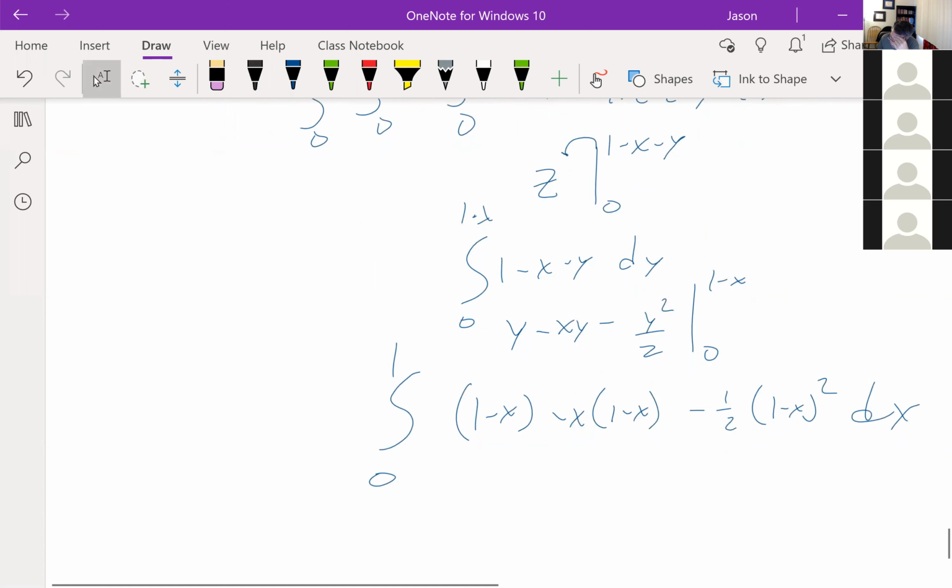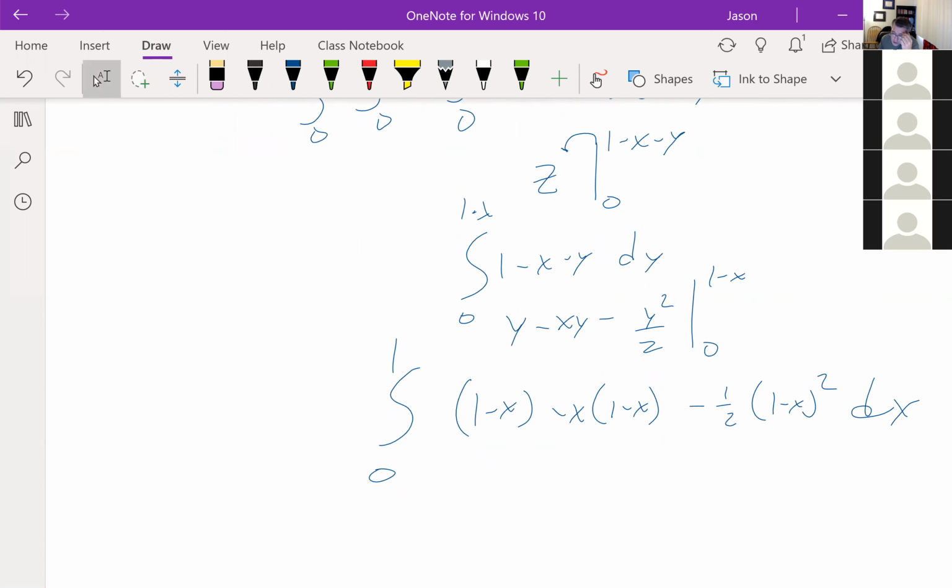Let's see what I can do here. Maybe I'll just multiply all of this out so I don't have to do integration by parts. This is going to be 1 minus x minus x plus x squared, minus 1/2 times 1 minus 2x plus x squared.